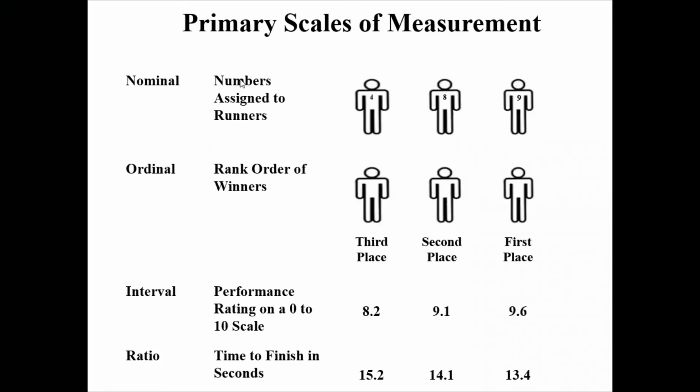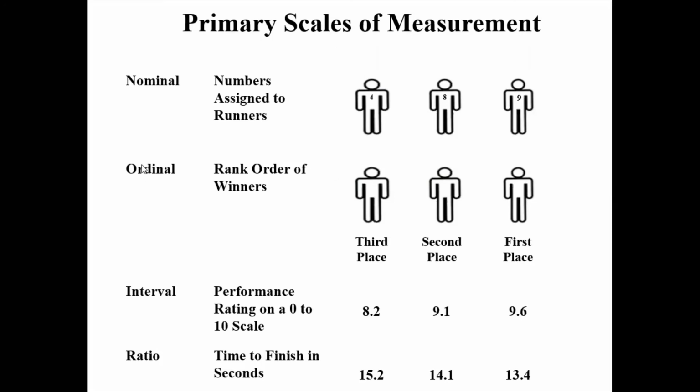Nominal data means you are just assigning numbers for any event or particle. Here, numbers are assigned to runners, for example the jersey number of the player or runner: 4, 8, 9. Just categorizing the player based on their jersey number.